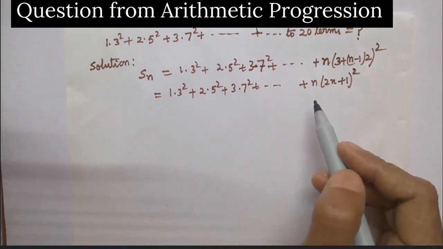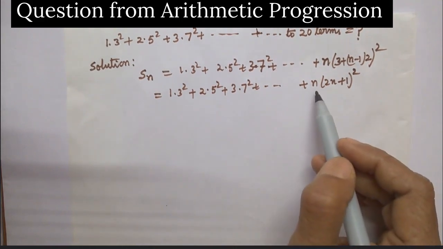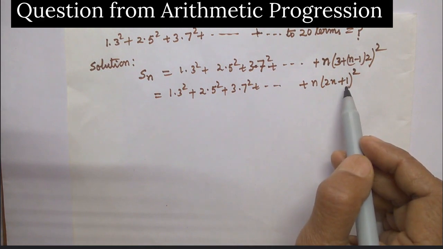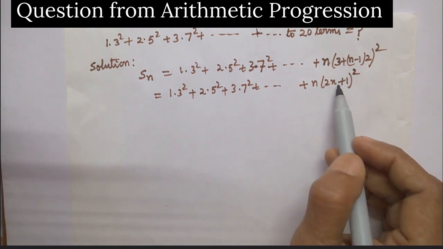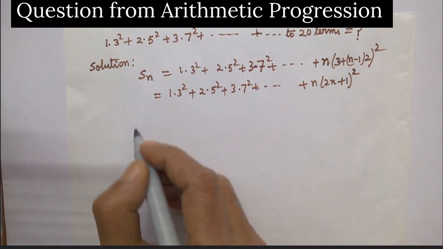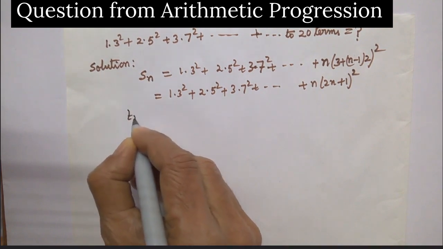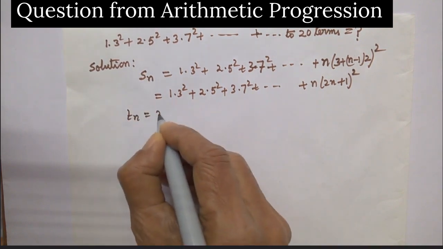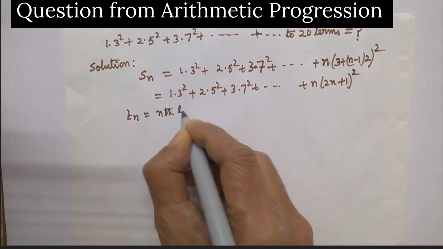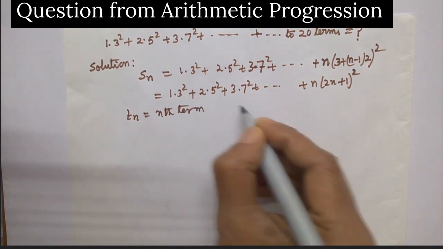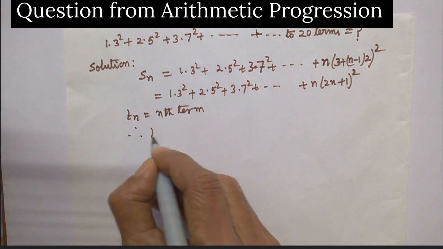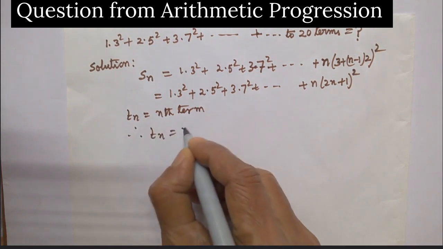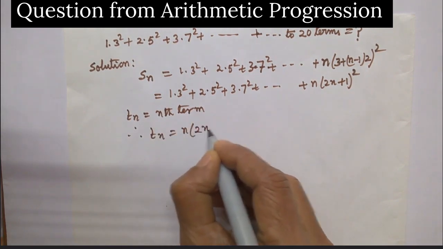Now separately we write Tn, which means the last term, equal to the nth term. So Tn is equal to n into (2n plus 1) square.